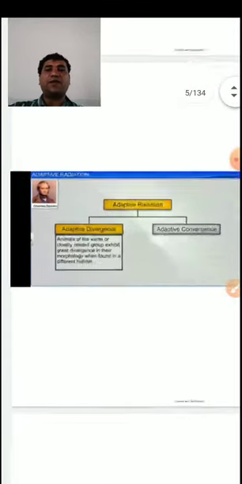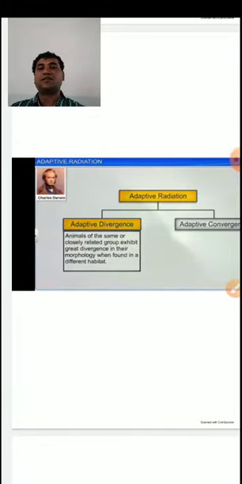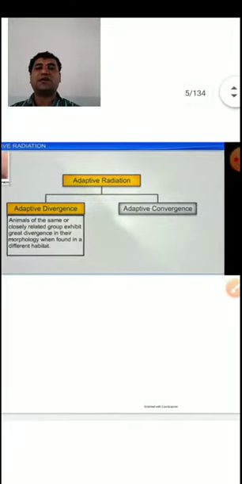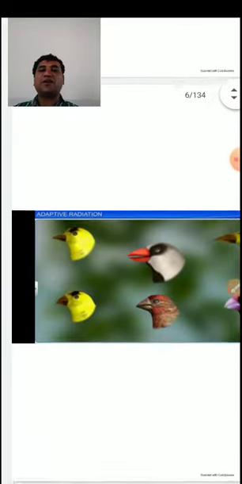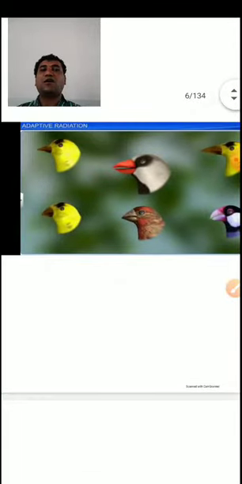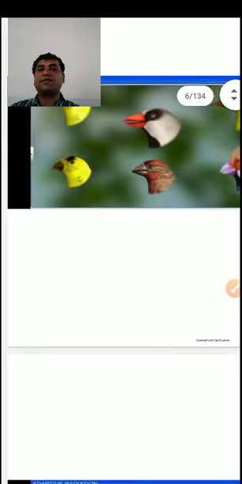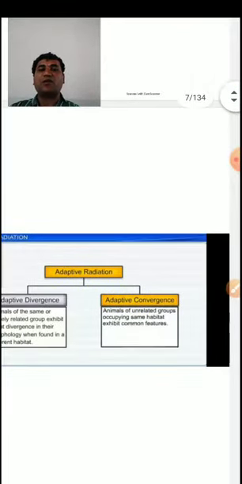Adaptive divergence is where animals of the same or closely related group exhibit greater divergence in their morphology when found in different habitats. The Galapagos Islands are a good example, where you can see the worm-eating beaks as well as the plant-eating beaks, and which are coming on to the adaptive convergence.